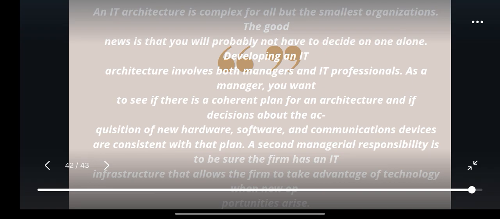As a manager, you need to see if there is a coherent plan for an architecture and if decisions about the acquisition of new hardware, software, and communications devices are consistent with that plan. A second managerial responsibility is to be sure the firm has an IT infrastructure that allows the firm to take advantage of technology when new opportunities arise.